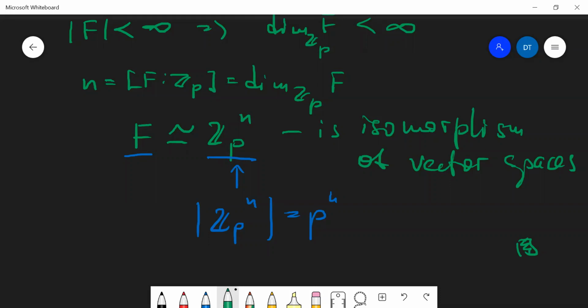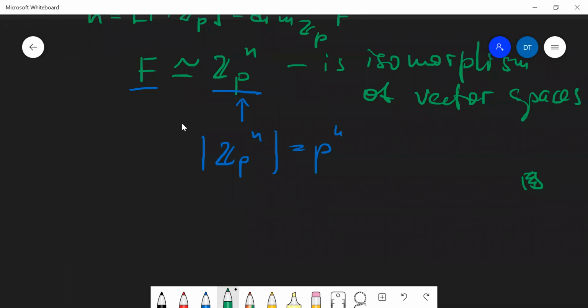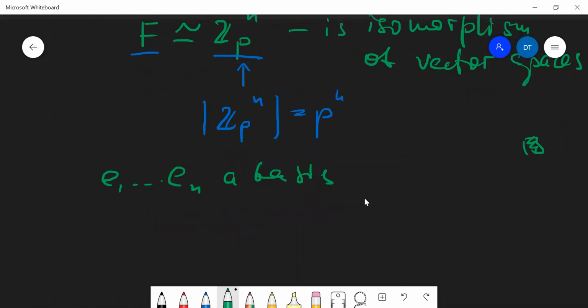Again, how do you prove this fact? Oh, okay, let me clarify. Just in case, if E1, ..., En is a basis, then the isomorphism is given by the formula. Here you have a column A1, ..., An consisting of n elements from ZP. Then this column goes to the linear combination A1E1 plus and so on, plus AnEn.